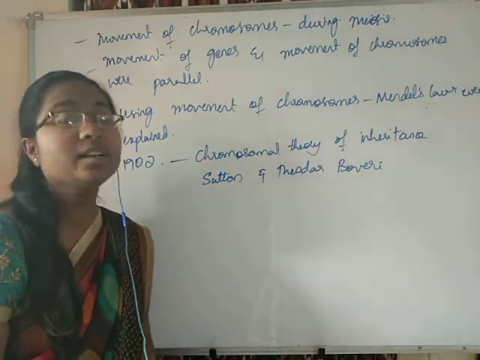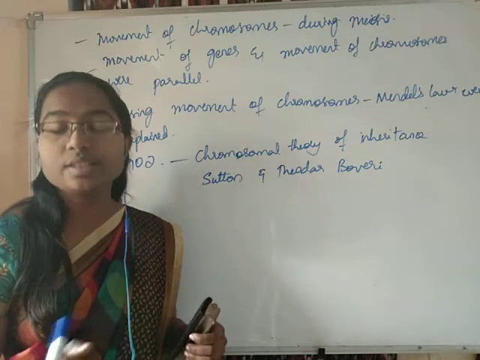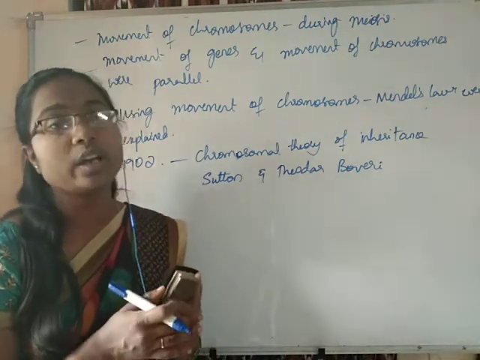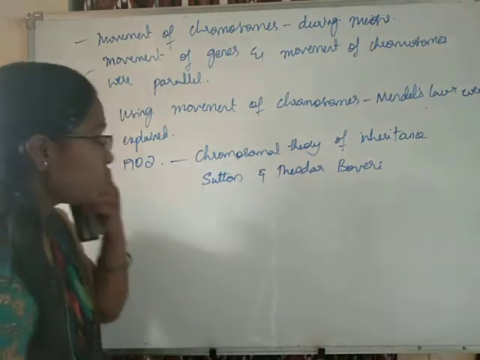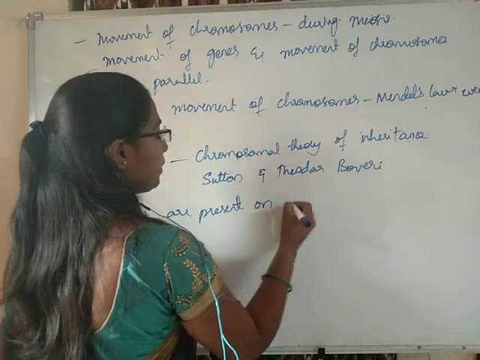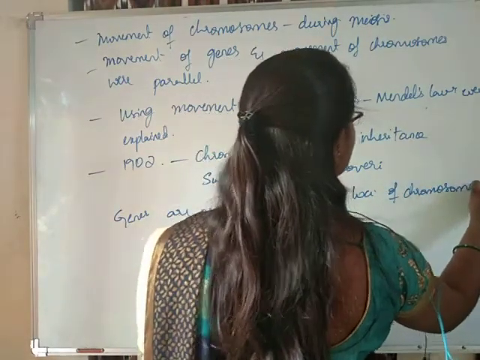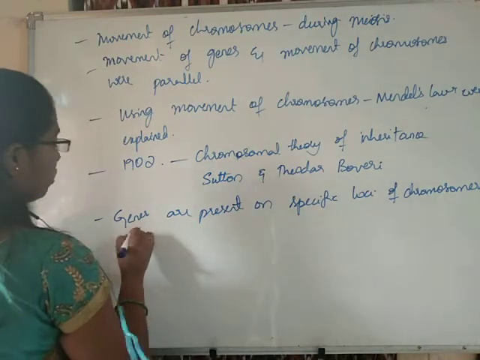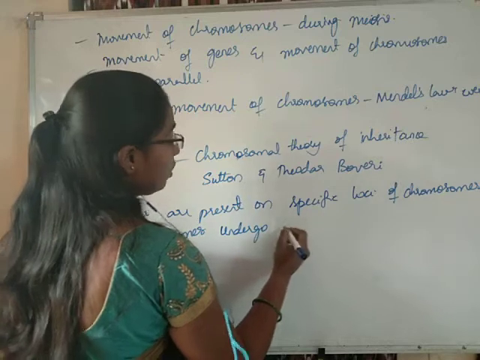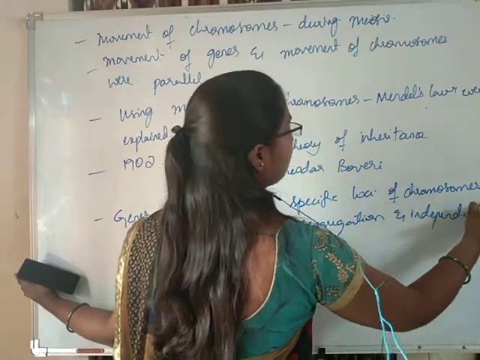The chromosomal theory of inheritance is saying that genes are present on the specific loci of the chromosomes, and the chromosomes are the ones which undergo segregation and independent assortment.